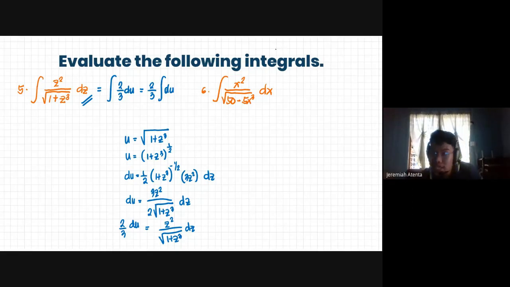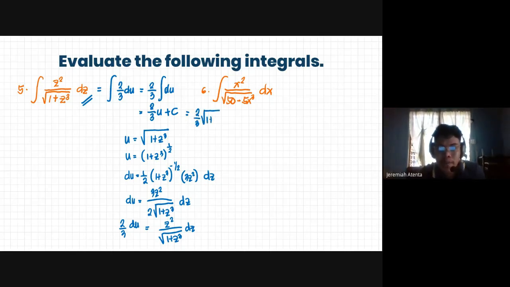Okay, that is the first theorem. Okay, so therefore, integral of du will be u. So we have 2/3 u plus c. Okay, and what is our u? That is just equal to 2/3 square root of 1 plus z cubed plus c.